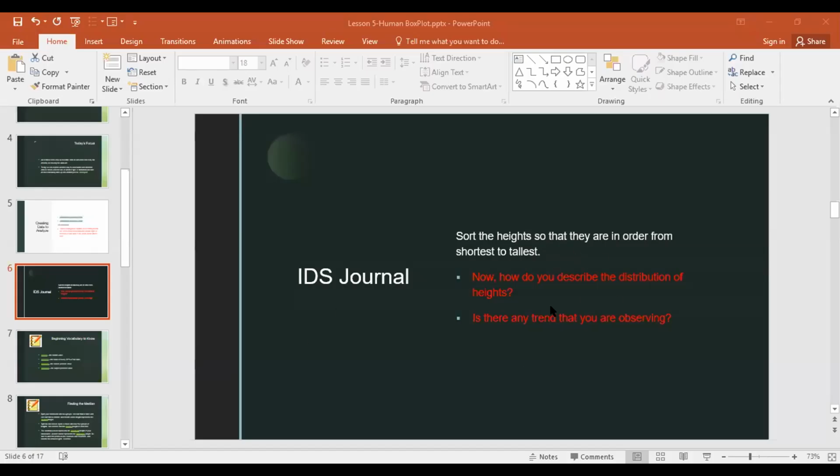Okay, so let's see if we can get some people to share their responses here. How would you describe the distribution of heights? And are you observing any trends? Dario, what would you say? It's various numbers.